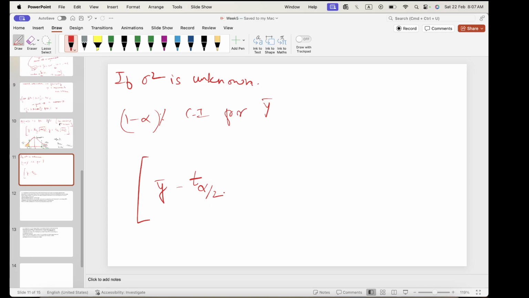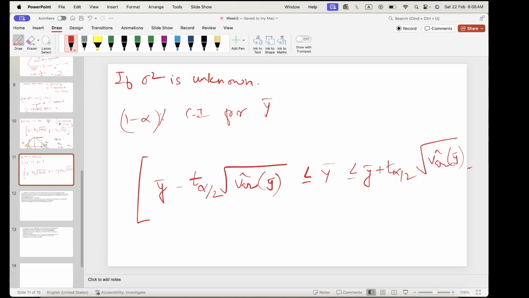This is some other distribution, which is also symmetric about 0, and t alpha by 2 is the point such that if I draw a line x equal to t alpha by 2, then the area above this line is alpha by 2.